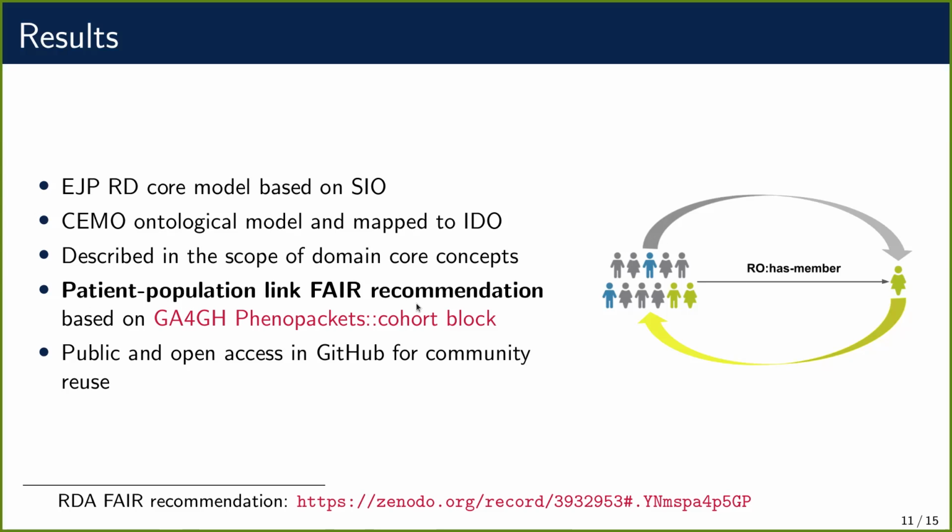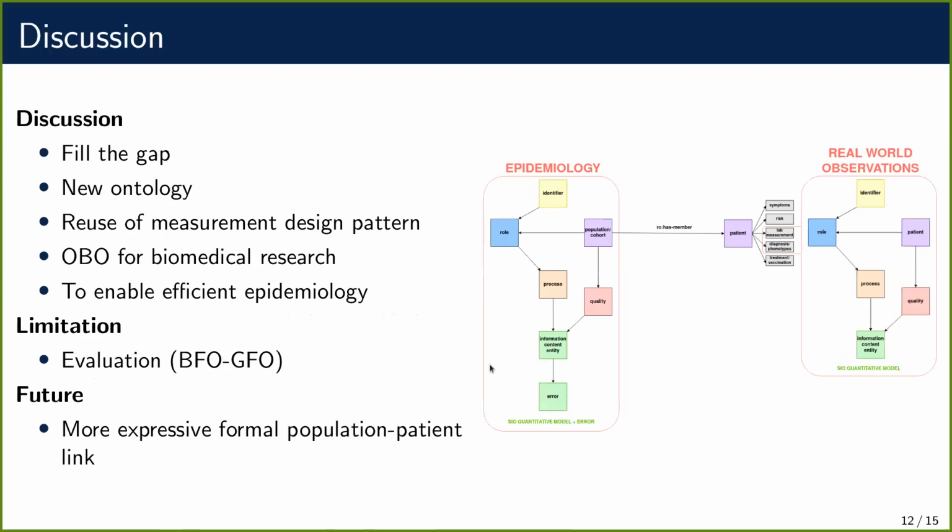We checked different data models for health data that link patient with cohorts, and based on the semantics of the GA4GH standard called PhenoPackets, we use this property in our relational ontology as member. Also to remark that this ontology is available in GitHub for community reuse.